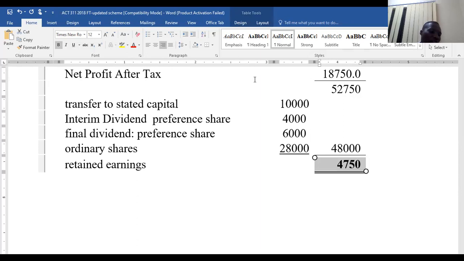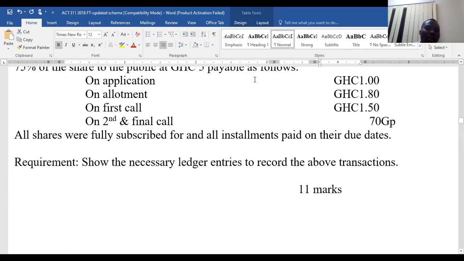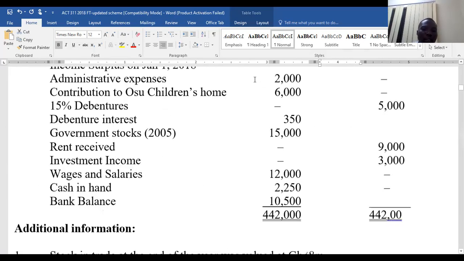Is it 212,750, right? 750. Fantastic. Then you add long-term liabilities. And the long-term liability we have in the question here is a debenture we have issued, the 15% debenture.